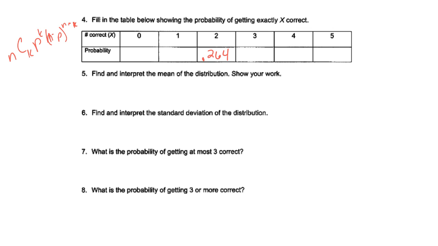So for 5 choose 0, I had 0 successes, so my probability is 0.25 to the 0, and then 0.75 to the 5. When I type that into my calculator, you should get 0.237. Take a minute and make sure you can do this. If you cannot do this, you're going to get simple questions wrong. Pause it, try to do 1, 3, 4, 5, and then come back and check your answers.